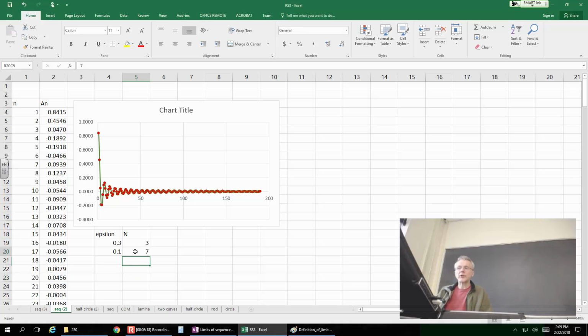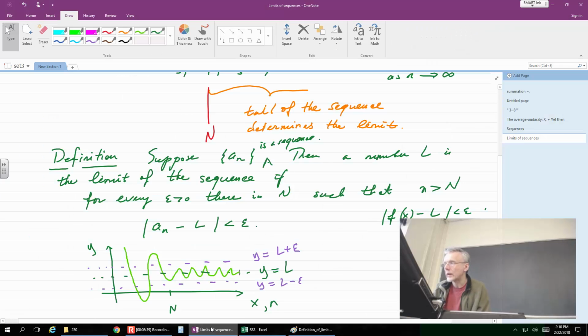I could put here a larger number. That would not be a mistake, as long as you can indicate at what point things are surely in the right place. Would that be 9 instead of 7? For 0.1, it's definitely not 7. 8 is fine. 8 is the smallest one. So starting with 9, it all depends on whether I'm using strict or non-strict inequality.